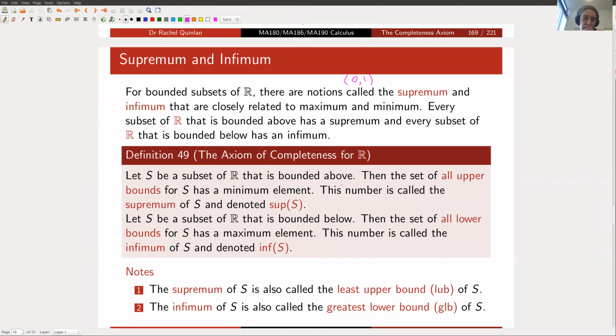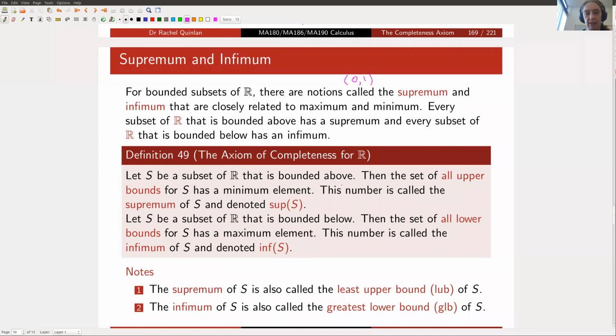And here it is. This is the famous axiom of completeness for the real numbers. To give a detailed proof of this, you'd have to give a more elaborate construction of the real numbers than what we've done in this course, so we're not going to do that. But what the axiom of completeness says is, if we have a subset of the real numbers that's bounded above, then it's got upper bounds.